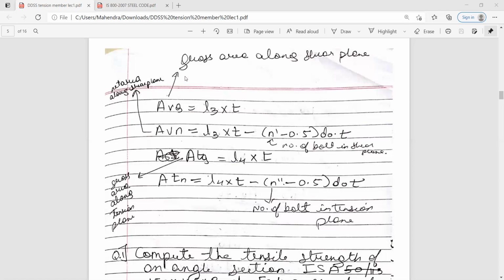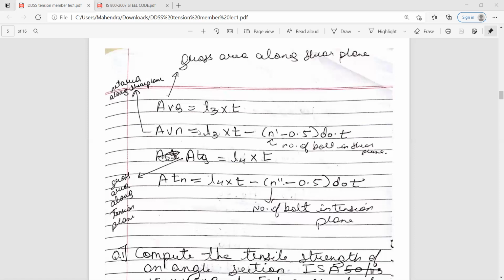AVG is the gross area along the shear plane, AVN is the net area along the shear plane, ATG is the gross area along the tension plane, and ATN is the net area along the tension plane.